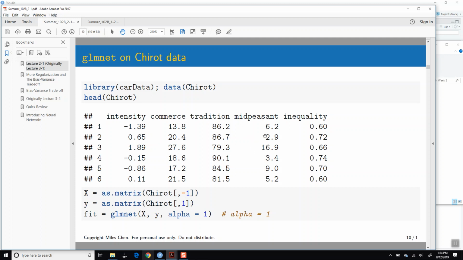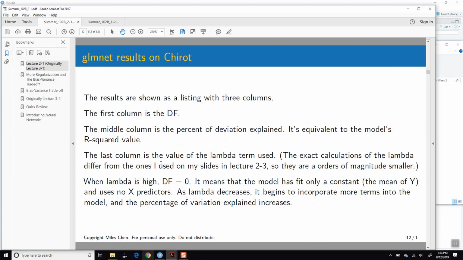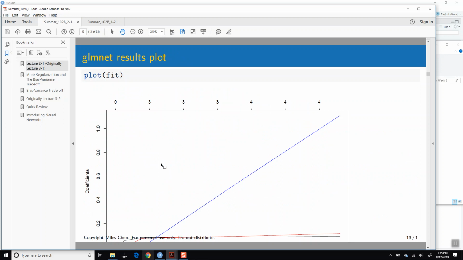Okay, and I guess they looked at all of these other things. Yeah, I know, right? I don't even know what mid-peasant means, but we can look at some of these things, and we can graph how this stuff works. I'm just going to flip through these slides quickly.